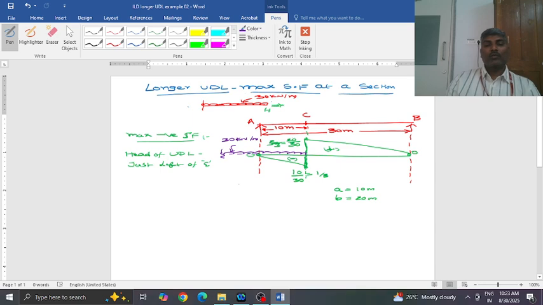Because when you want to find the value of a function when there is a UDL, you shall see how much area it is occupying in the ILD. So this is the negative area that is available. You want negative shear force, so place the UDL to occupy maximum negative area. So head should be just left of C. Then only maximum negative shear force develops.